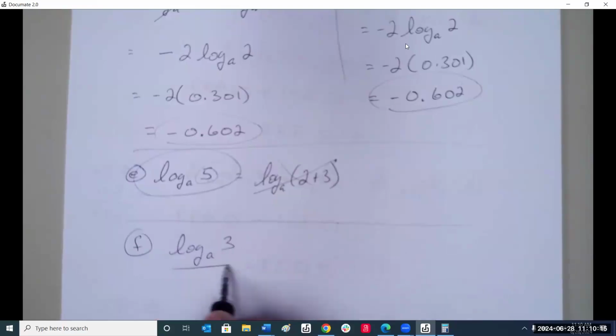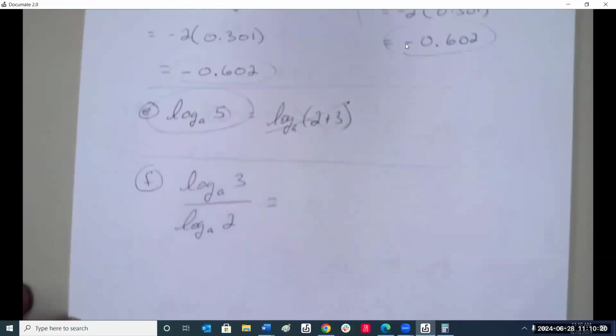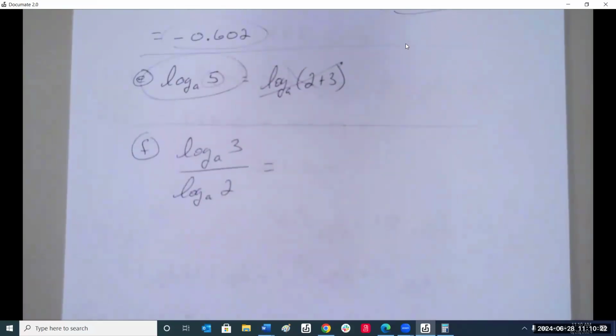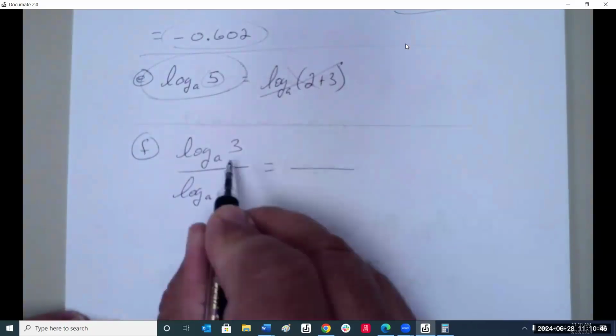Log base A of 3 over log base A of 2. Here, just put it in there.